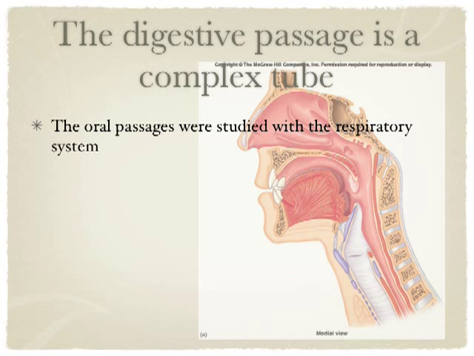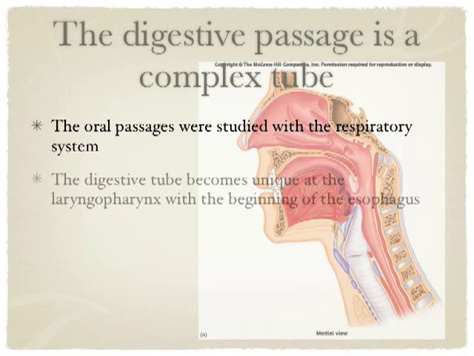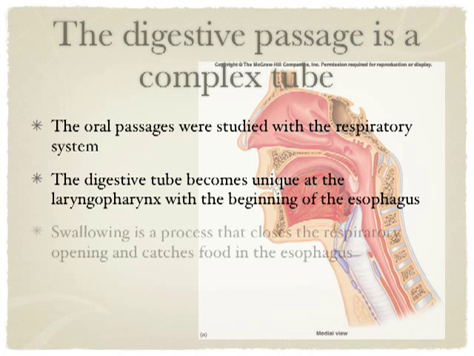We talked a little bit about the mouth. We know that the digestive passageway becomes unique when you get to about the laryngopharynx and the esophagus, the food tube, begins right there. All the other passageways are kind of in common with the respiratory system.